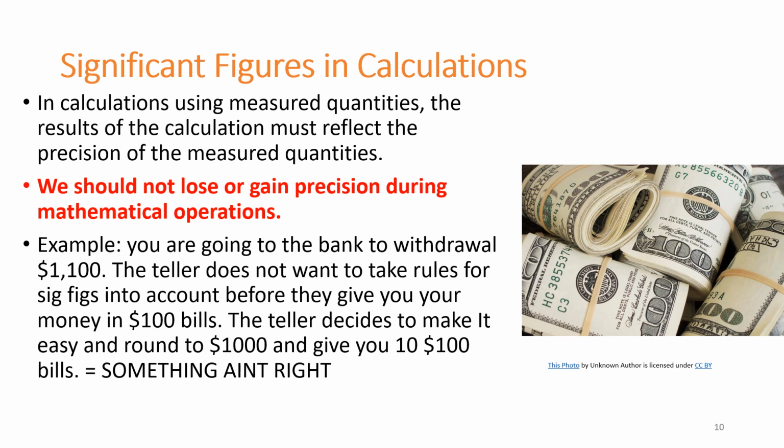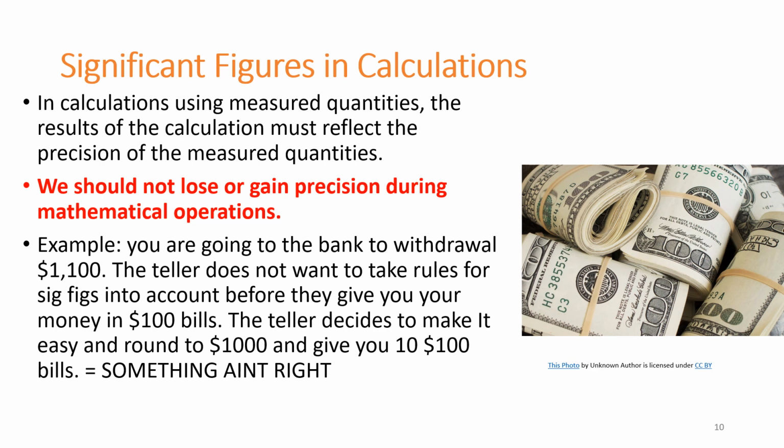Let's say that banks actually took sig figs into account. And this teller doesn't want to do it before they take out the money from your account and give you your money in $100 bills. So what the teller does is they just round it. They're like, that's close to 1,000. So the teller ends up giving you just 10 $100 bills.